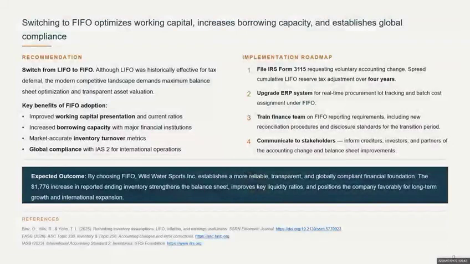While LIFO indeed enables companies to retain more cash flow by leveraging tax deferral advantages during past inflation periods, Wells Water Sports Inc.'s current strategic focus has shifted towards global expansion and financing-driven capacity growth, rendering the original valuation rationale obsolete.